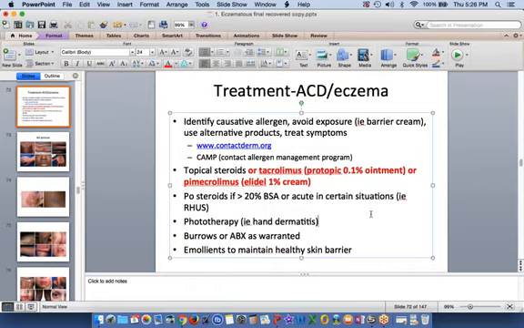So, we try to avoid them if we can. Never use PO steroids because you get rebound effects, okay? Phototherapy works very well, but we don't have a phototherapy machine. I used to, but I do not have any.